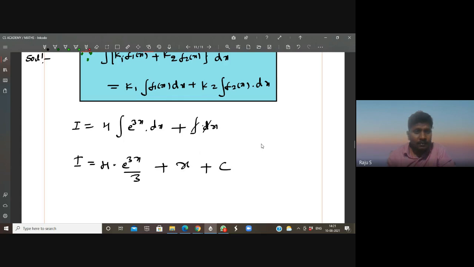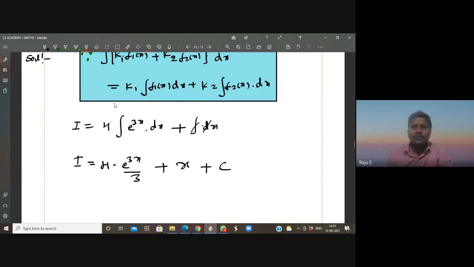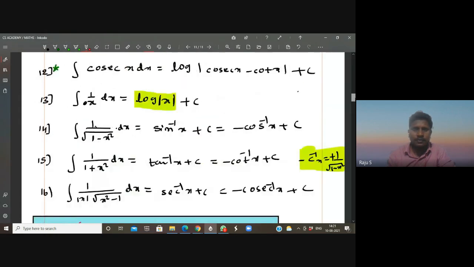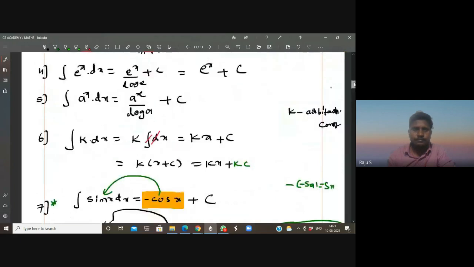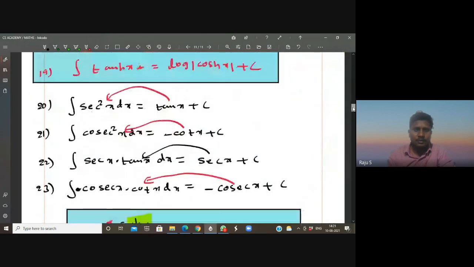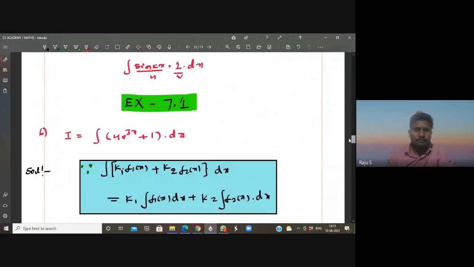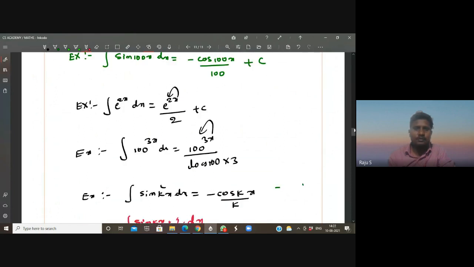How can you take 4 outside of the integral? Yeah, 4 is a constant, no? I have clearly written it in the formula also, k into something. Whenever you have k, k is a constant.